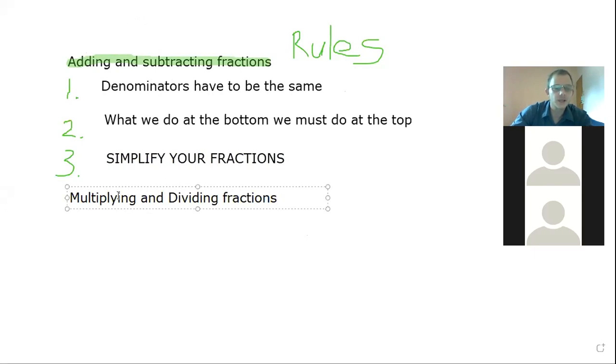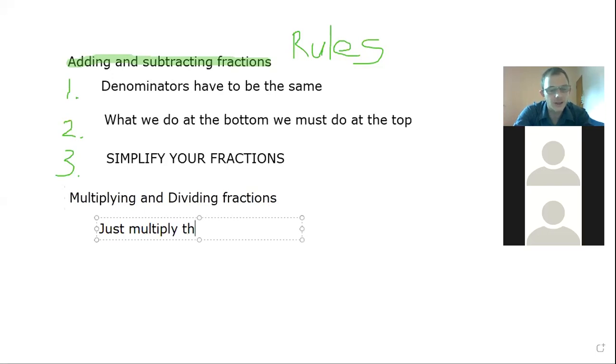For multiplication, it's very straightforward. Just multiply the top and the bottom together. That's very simple for multiplication.